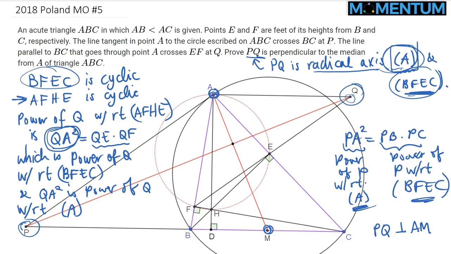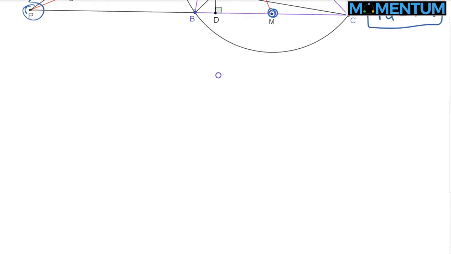If you want to stop here, you can stop watching. But if you want to go further and look at a second solution, which is really beautiful and connects quite a lot of results, it is the following. First I need to establish a couple of results from projective geometry.